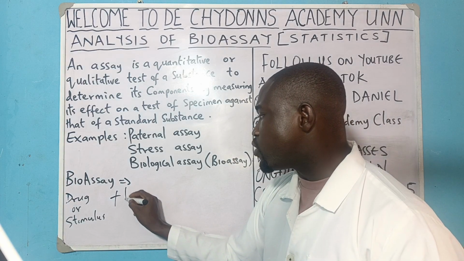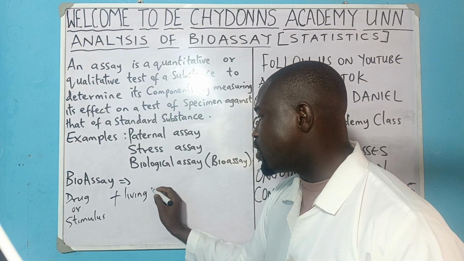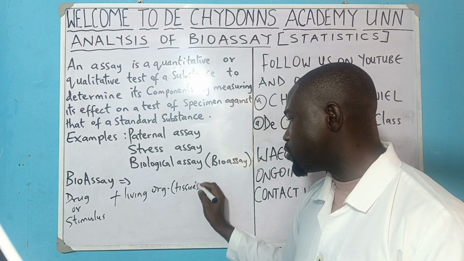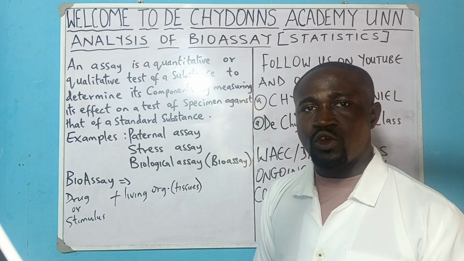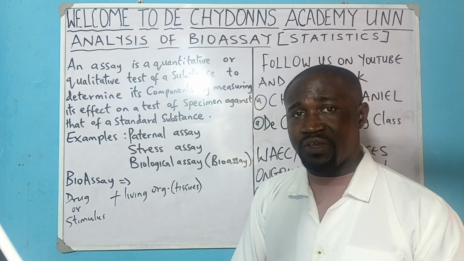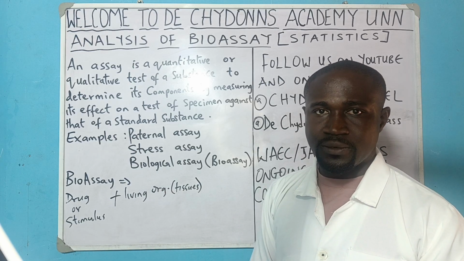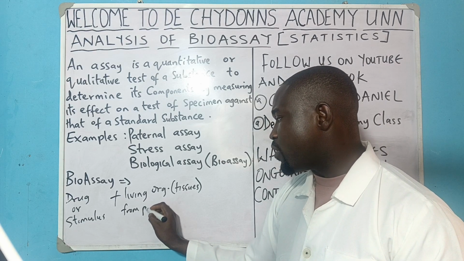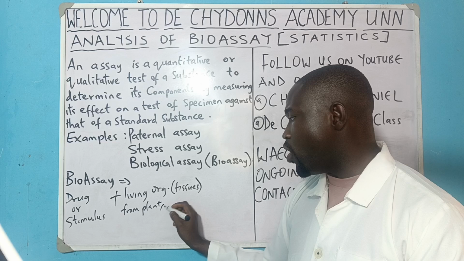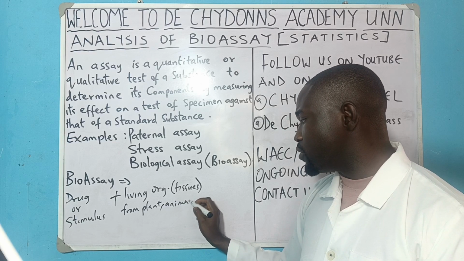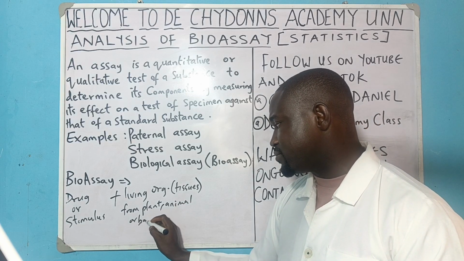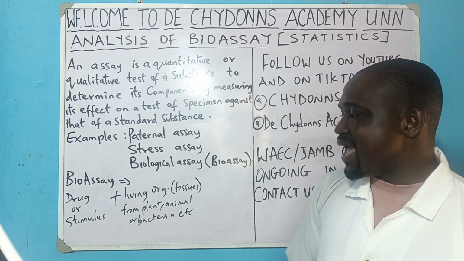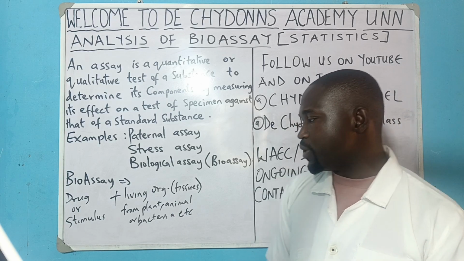Which one do I want to make use of? The living organism or tissue or organ, whichever one you want to use, but it must be a living thing. Yes, it can be from plant, animal, or bacteria, etc. So from any living organism.